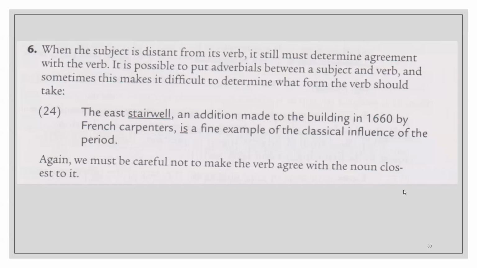Number 6, here's an example of what I was just talking about. When the subject is very distant from its verb, the subject and verb still must agree, right? Even though we've put a bunch of junk in between the subject and verb. In example 24, we've got this adjective phrase that's describing the stairwell.